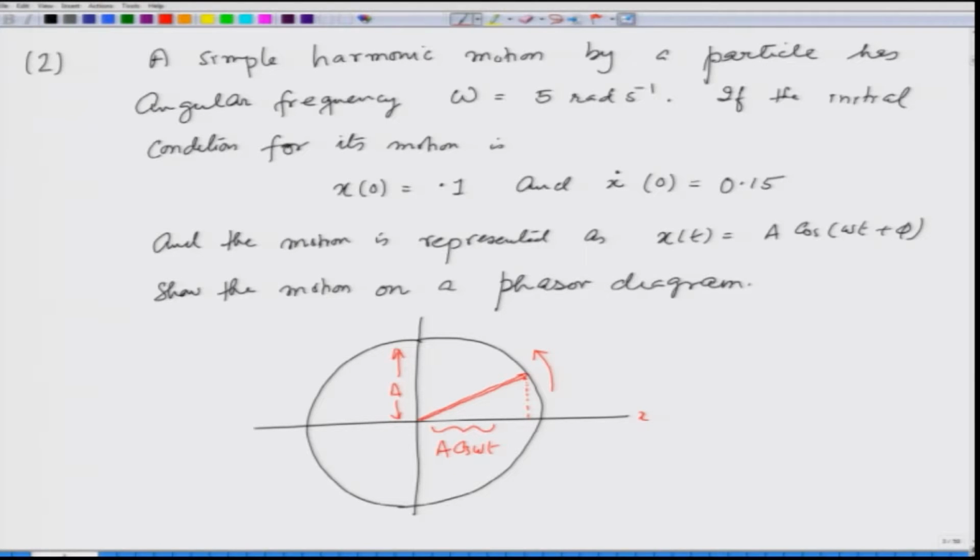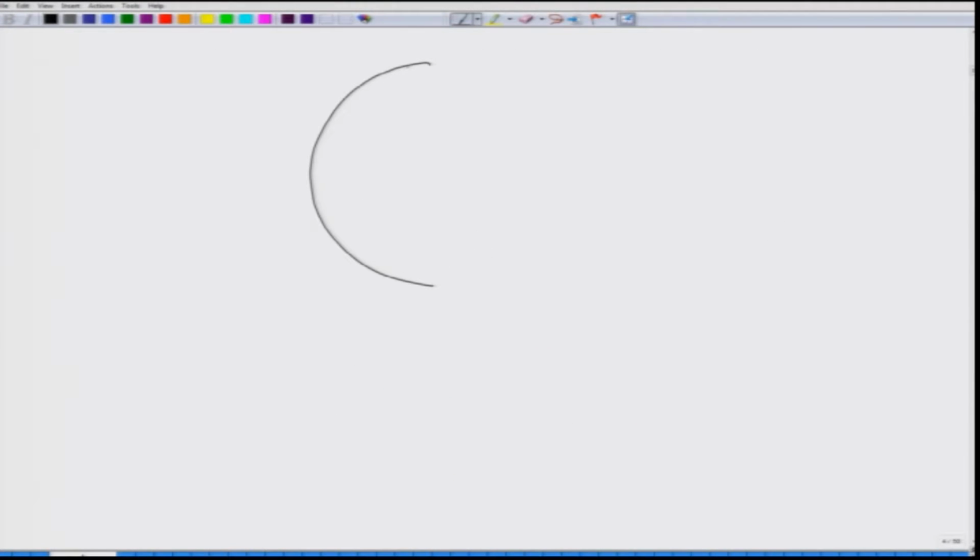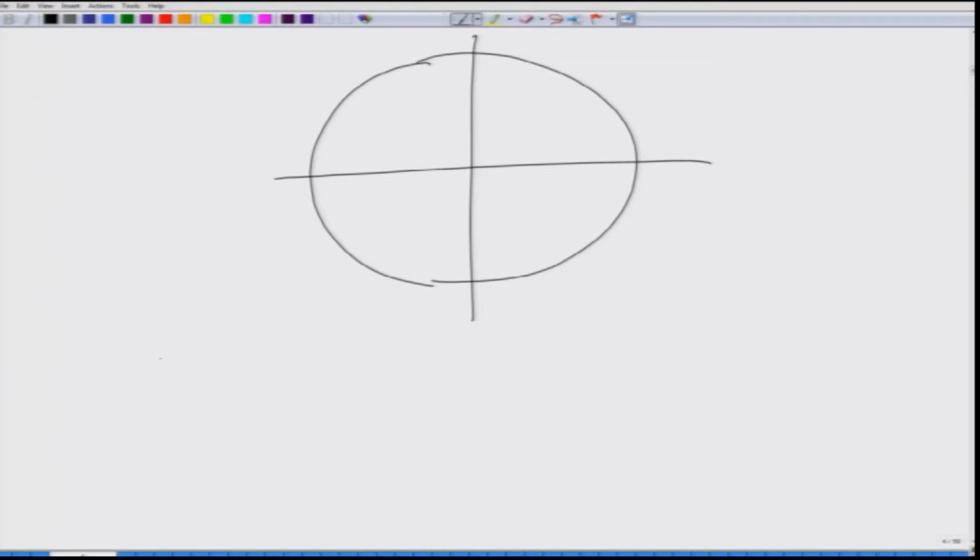In the present case, if I again make this circle, at t equal to 0, x is greater than 0 and x dot is also greater than 0. And keep in mind that this phasor is rotating counterclockwise. If I look at this quadrant, in this x is positive, but x dot is negative.